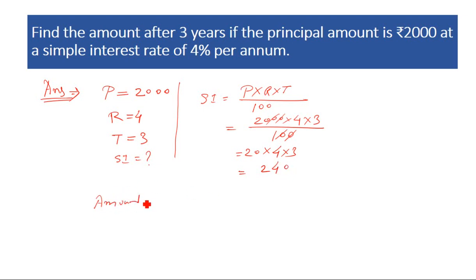SI is equal to 240. Then total amount A is equal to P plus SI, principal amount plus simple interest. So 2000 plus 240 is equal to 2240, which is the correct answer.